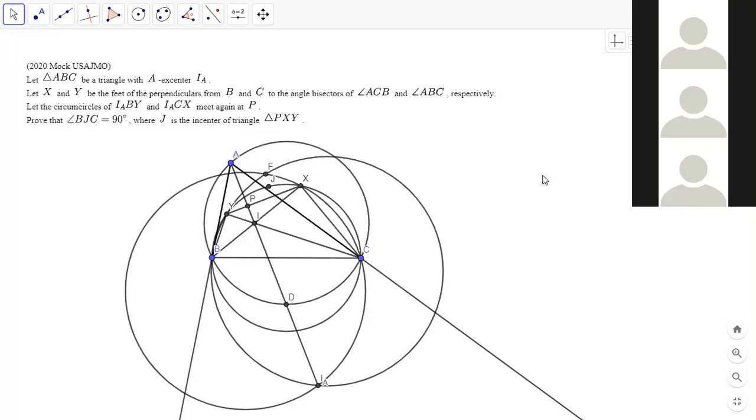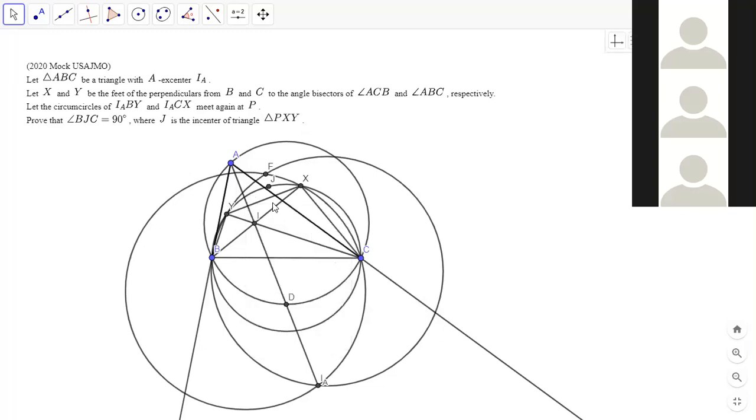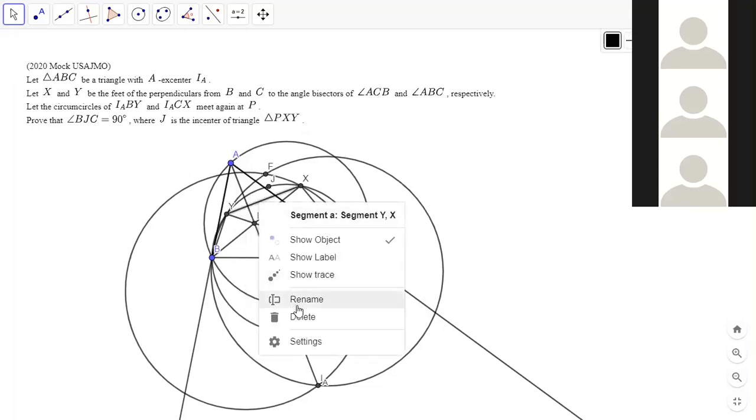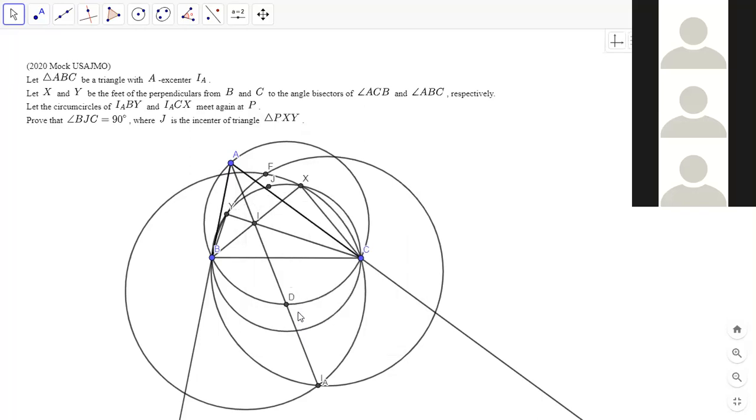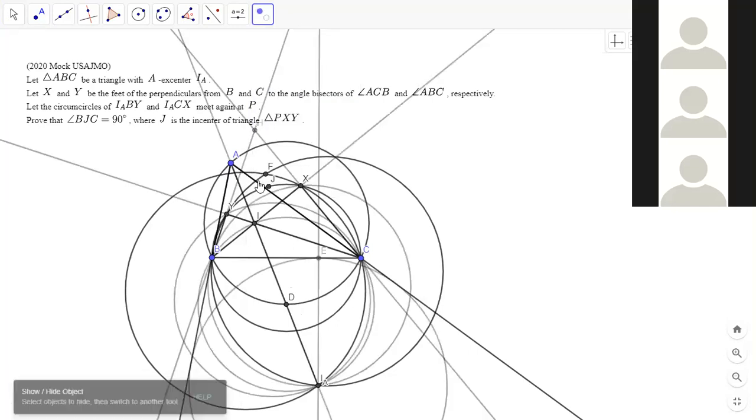Interesting. So yeah, I could delete P. And there we go. Do you want me to unhide the excenter circle? Or just, yeah.